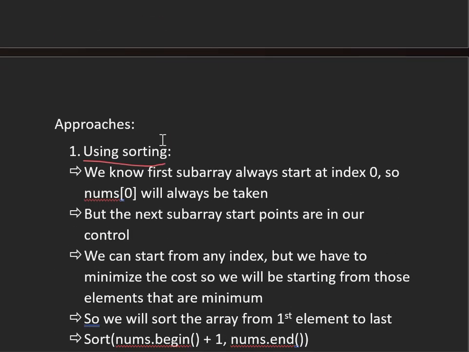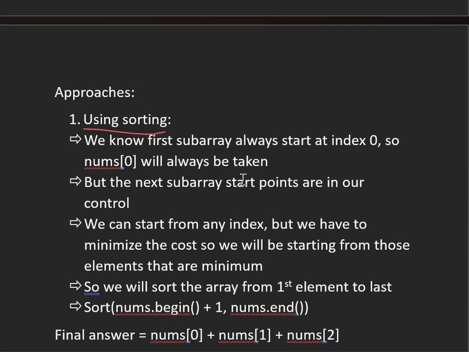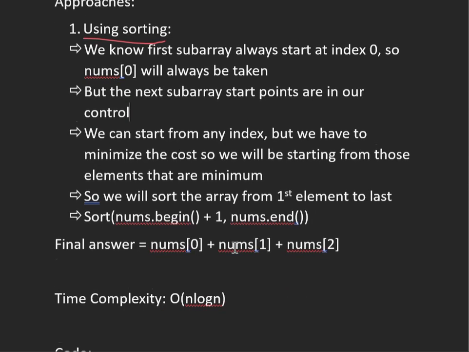Already I've said that the first subarray always starts at index 0, so nums[0] will always be taken. But the next subarray start points are in our control, we can start from any index, and we have to minimize the cost, so we'll start from those elements that are minimum.